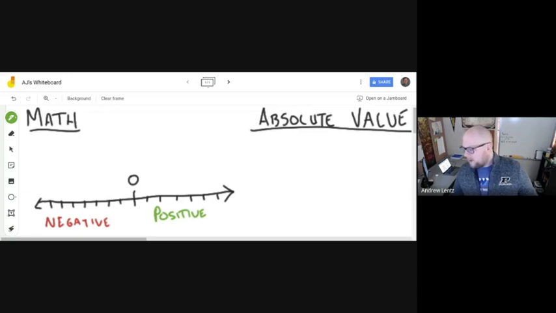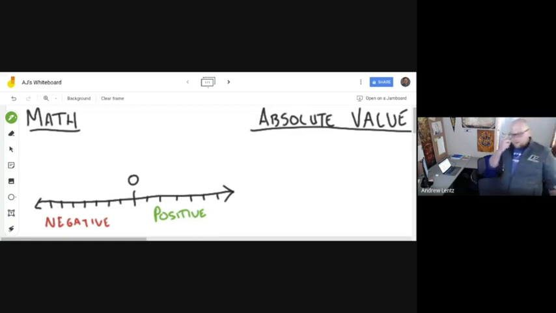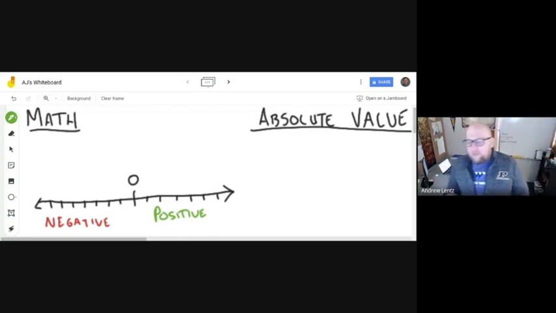When it goes back to this idea, it's going to be positive.